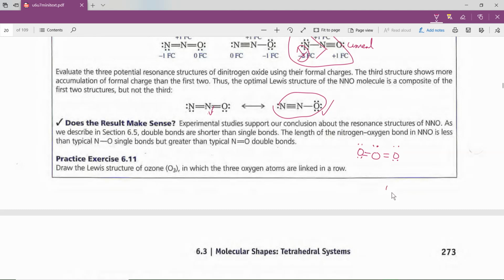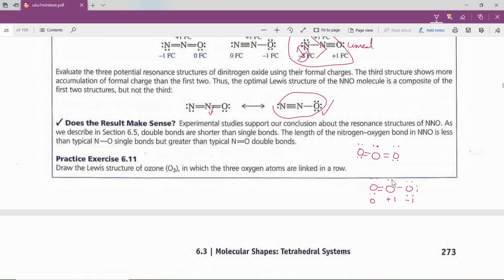If instead I make one a double bond and one a single bond, I'm going to have 0 here, plus 1, and minus 1. So that one's not as good. It's not as good a contributor.